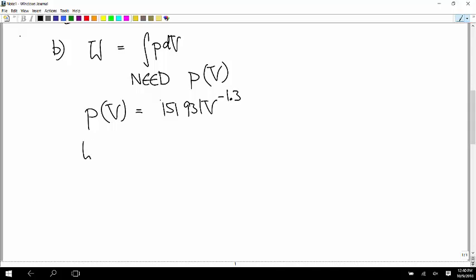So then the work is the integral from the first volume to the second one, so integrating from 0.4 to 0.1377 of 151,931 V to the minus 1.3 dV.